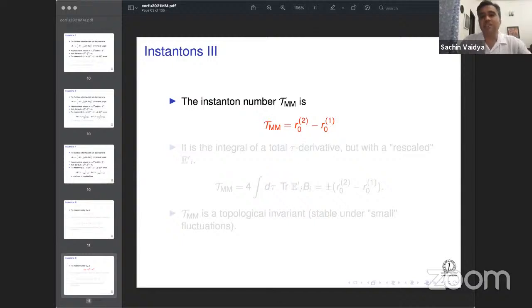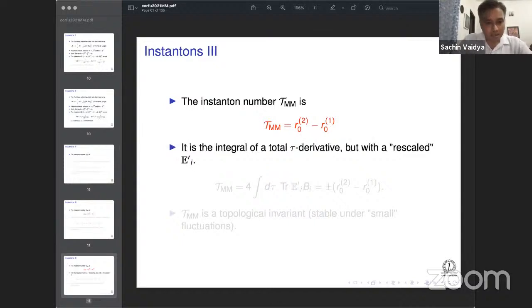One is at tau equal to plus infinity, and the other is at tau equal to minus infinity. Now, in usual continuum field theory, we can get the instanton number as the integral of a total derivative.